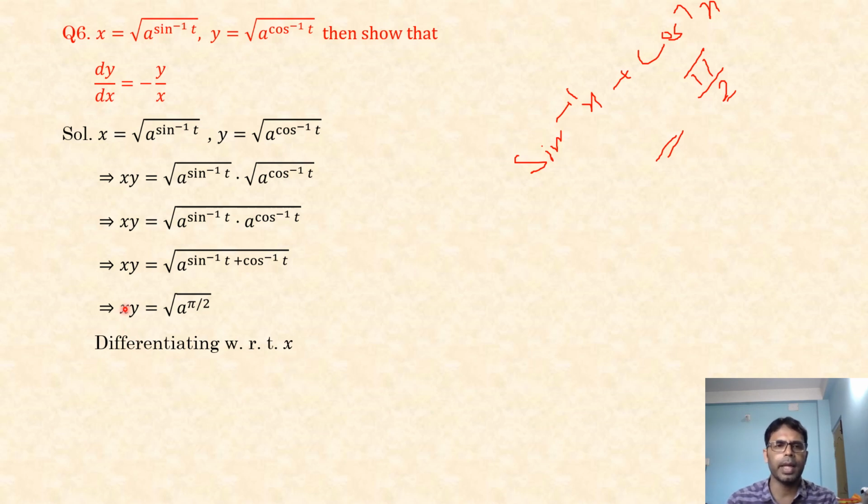What will come? The derivative of x is 1, so 1 into y plus x into the derivative of y, which is dy/dx. The derivative of x is 1, y remains the same, plus x remains the same and the derivative of y is dy/dx. The right hand side is an absolute constant, so its derivative is equal to 0. So dy/dx is minus y divided by x, so dy/dx is equal to minus y by x. If you had solved this question directly, the answer would also come.